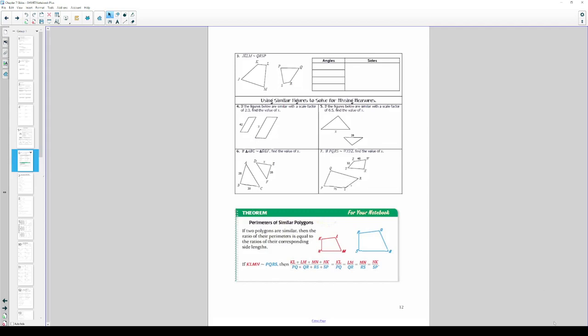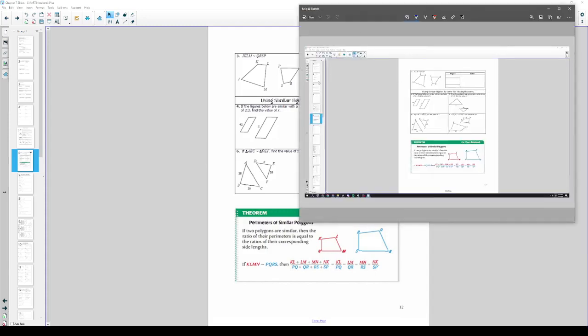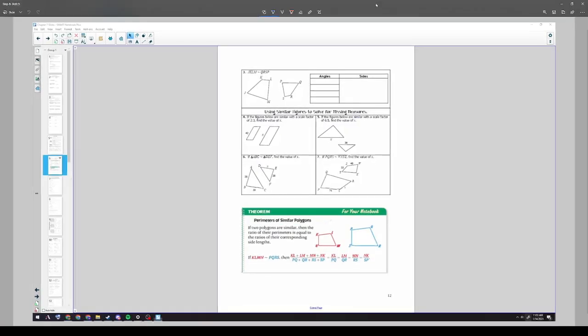Now let's look at these for actually solving something. All right, so number 4, it says they're similar with a scale factor of 2 to 3. So that means that, wow, they're just defining scale factor backwards here of how we normally do. Interesting. So when they say a scale factor of 2 to 3, they're not actually saying what the K value is.